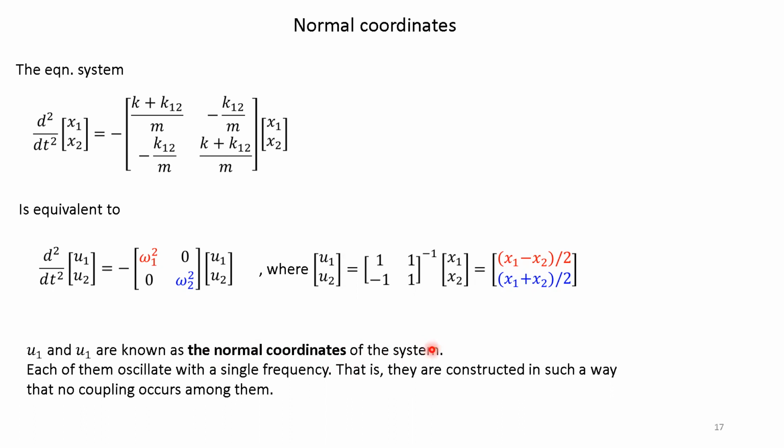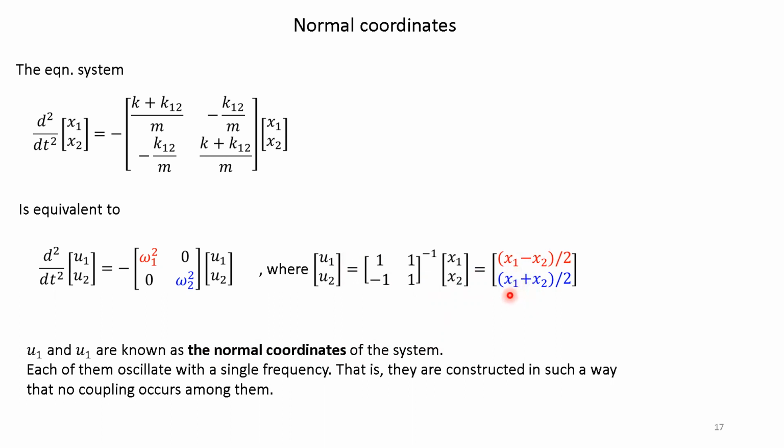Initially, I will say that x1 and x2 are the coordinates of the system. So u1, u2 are called the normal coordinates of the system, and they are a linear combination of the original coordinates, as you see here.